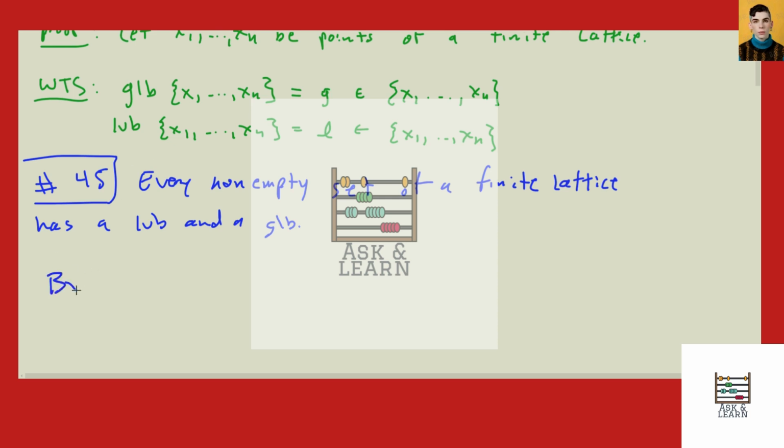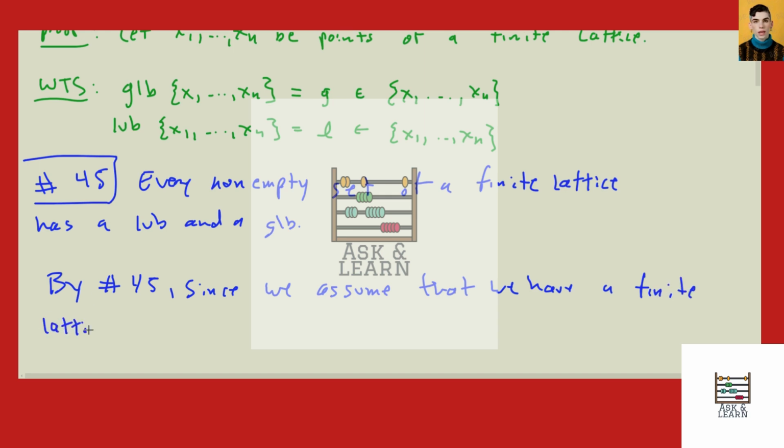All right, so by number 45, since we assume that we have a finite lattice, the least upper bound and the greatest lower bound of the entire lattice exist.